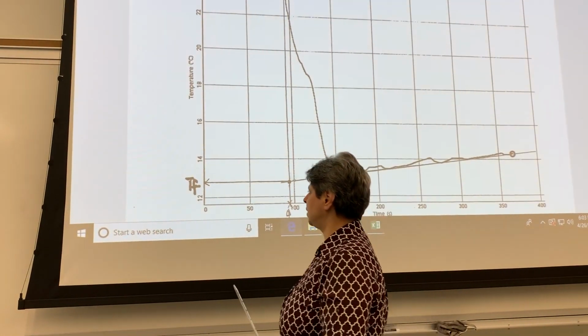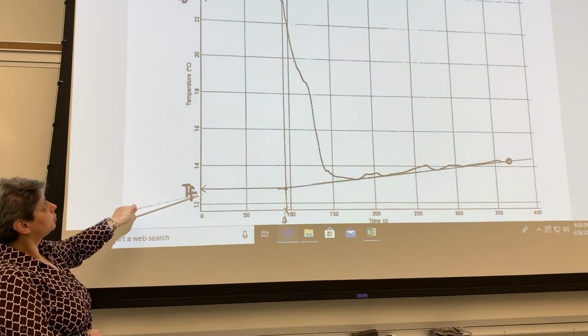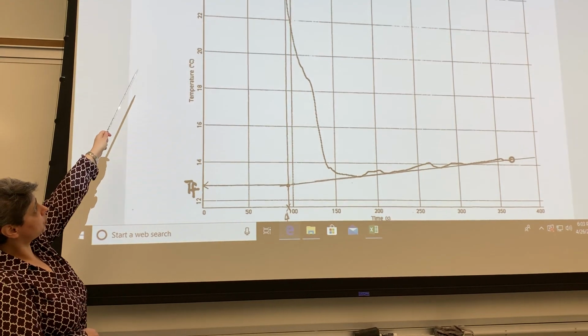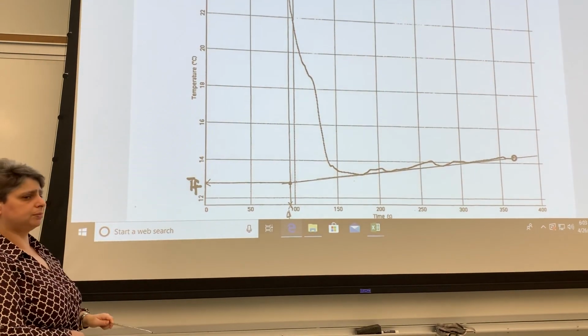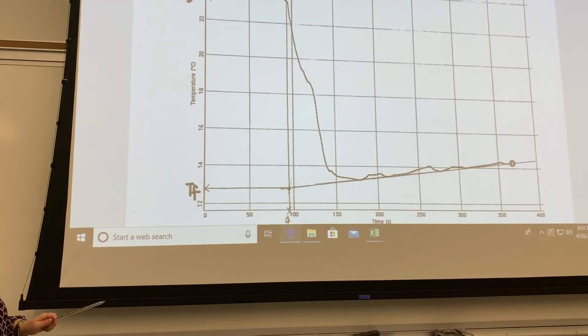So in my case, final temperature was something like 12.8 degrees or so. So it went down all the way from almost 24 degrees down to about 13, or 12.8, so quite a big drop.